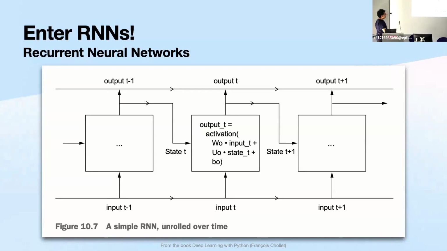Now we add another one, UO times the state of t. Basically, now it's like two linear transformations, one on the vector of input, the other on the vector of state, with the bias, and then we pass it to an activation function, which can be a hyperbolic tangent, the sigmoid or whatever, right? And then that would be our output, which is used as the next state.